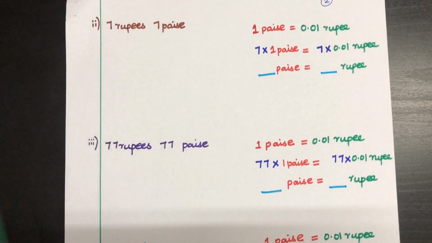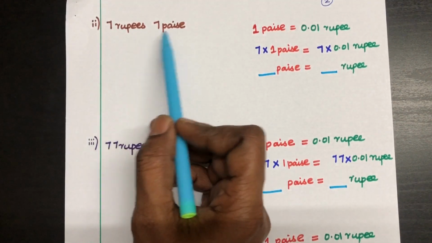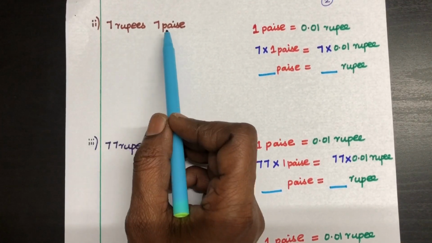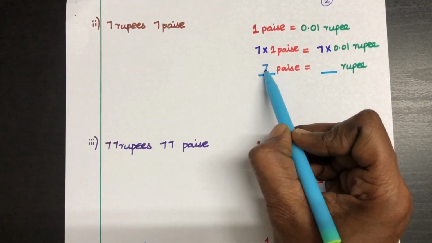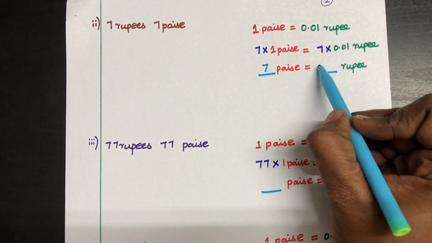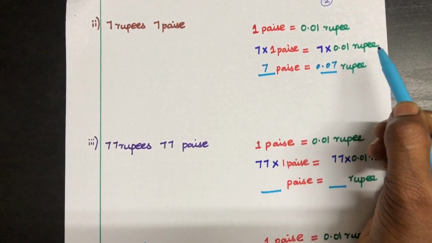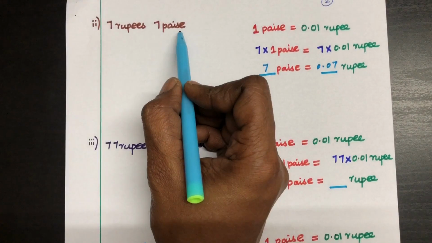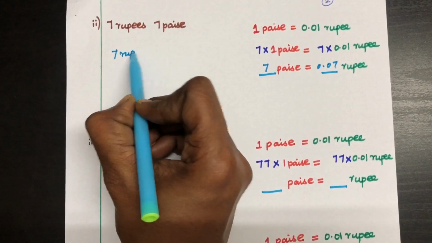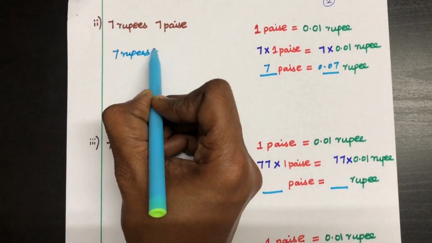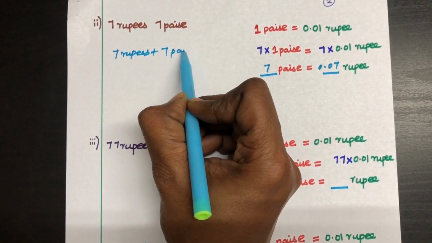How to convert 7 rupees 7 paise? Now we are going to convert this. 7 rupees 7 paise. 7 into 1 paise is the same thing. 7 paise is equal to 0.07 rupee. So already 7 rupees is there. 7 rupees plus 7 paise.